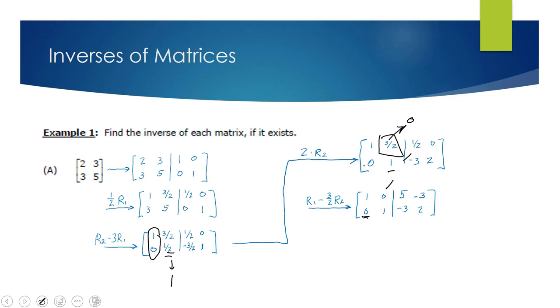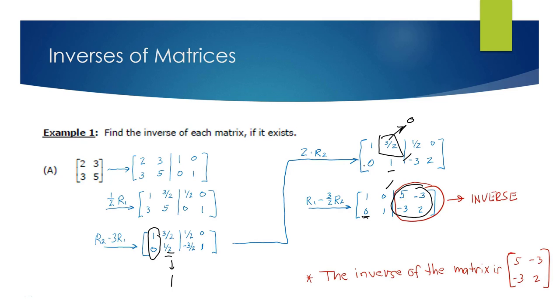And 0 minus 3 halves times 2 gives me negative 3. So this is what I end up with on the right when I carry through the row operations for this special augmented matrix, which means that is the inverse matrix: 5, negative 3, negative 3, 2, reading down the columns.